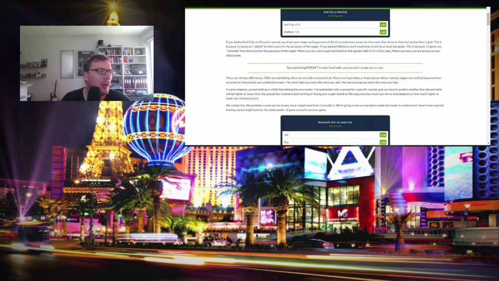You see here this example: Hull City Watford football game, English League, and Hull City is presented with an odd of 1.91, and the point spread is plus 1.5, and for Watford it's minus 1.5.